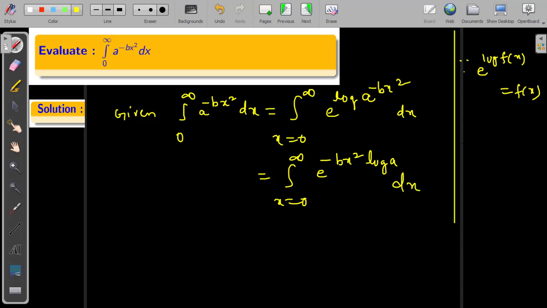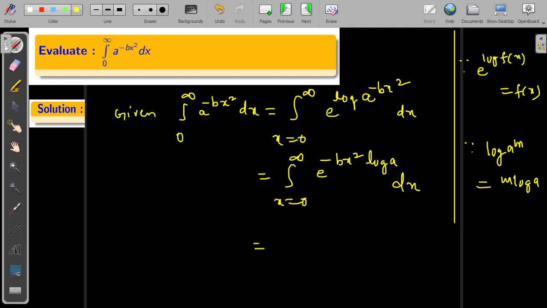Since we have another rule in logarithms, log a power m is equal to m times log a, apply this rule here. Similar pattern, so it is in power. Log a power m, where m means here minus bx square. So this could be written like this: minus bx square times log a. So e power, this base is the same, it does not change.